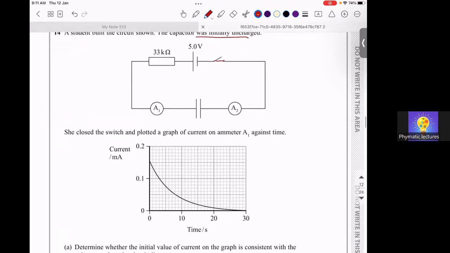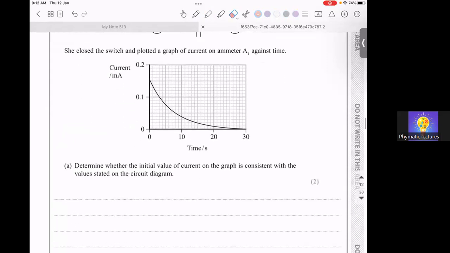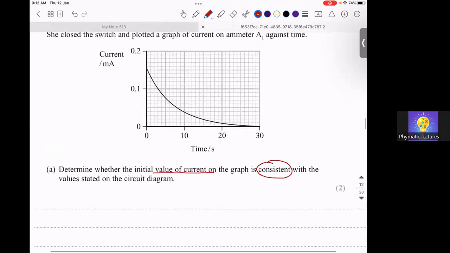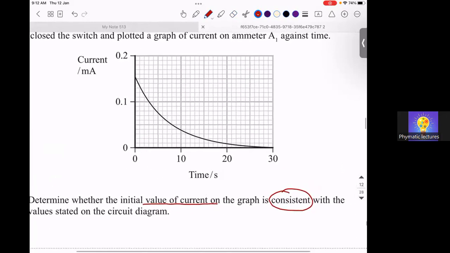So what is the first question related to this? Determine whether the initial value of the current on the graph is consistent with the values stated on the circuit diagram. What is the initial current from the graph? It is nearly halfway between 0.1 and 0.2.